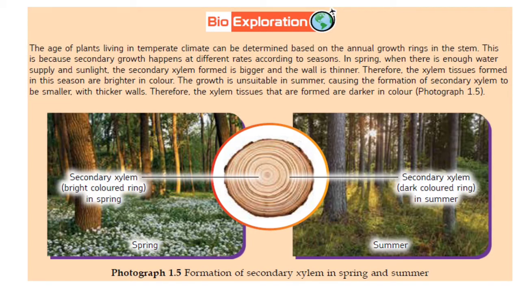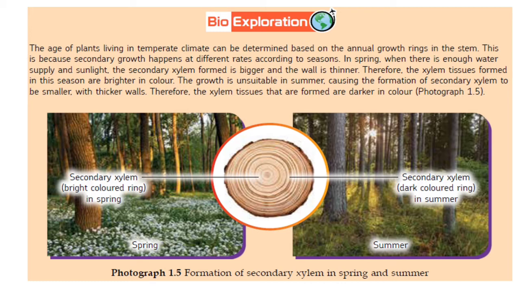So this is the picture of the stem in a temperate country. Okay, the stem has annual rings. The age of a plant living in a temperate climate can be determined based on the annual growth rings. Why will the annual growth ring be formed? Because during spring there is enough water supply and sunlight.